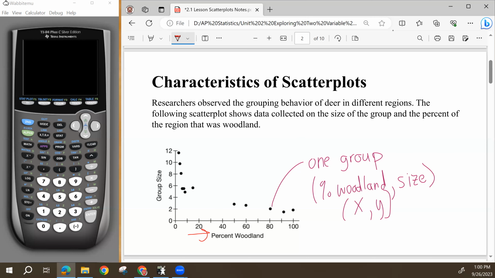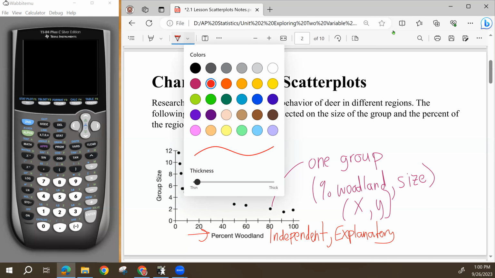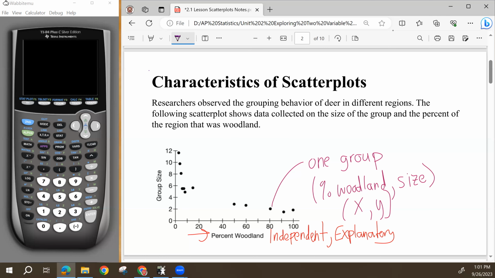This x-axis, the horizontal axis, x is what we would traditionally call it. We would call an independent variable. We might also call it an explanatory variable. Our vertical axis, typically a y value, but now we will call it a dependent.